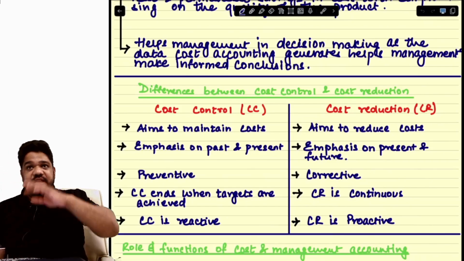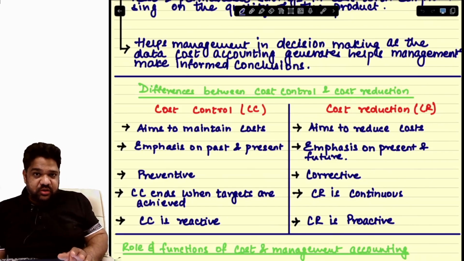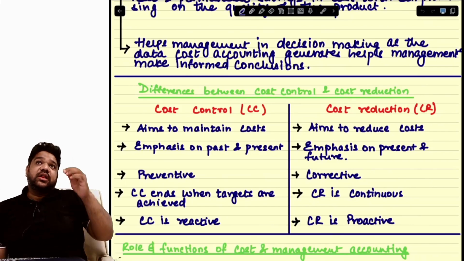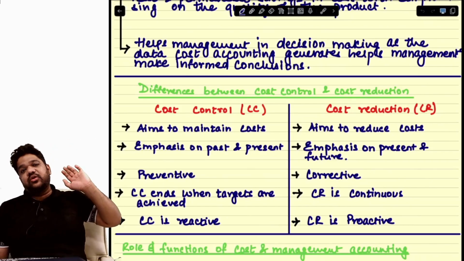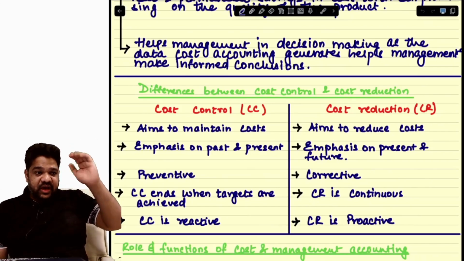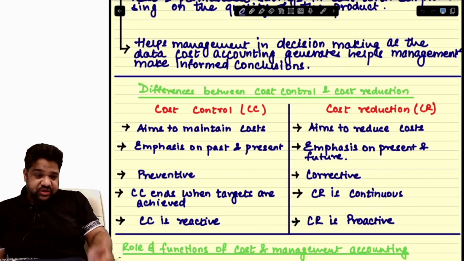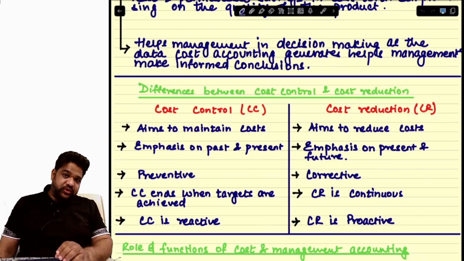Now, cost reduction aims at a permanent change in the cost of the product without really hampering the quality of the product. The focus of cost reduction is present and future. So, cost control looks at the past and tells you how much you should be doing in the present. Cost reduction looks at the present and tells you what you should be doing in the future.